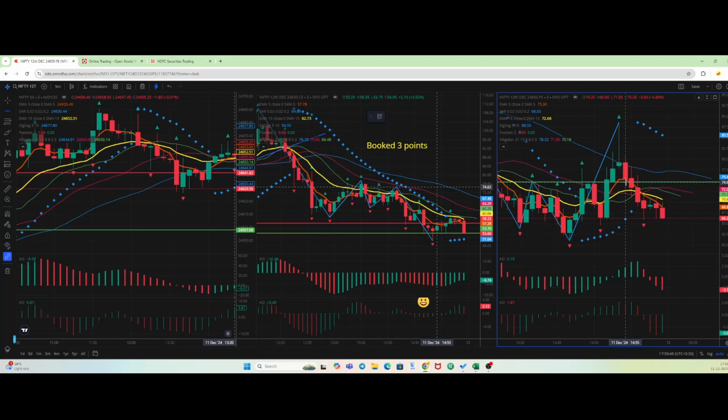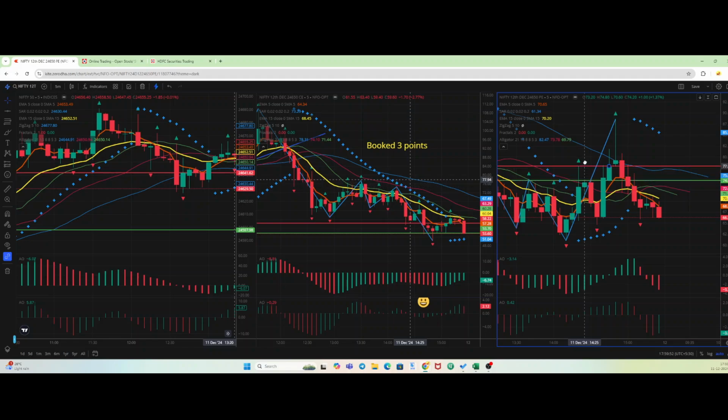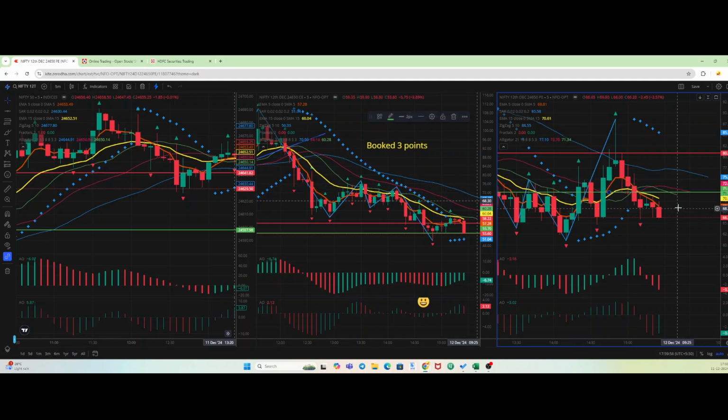This is the top, this is the bottom of the 3 o'clock candle. The bottom is 70, 72 and 66. Here at 3 o'clock we booked around 38 points.